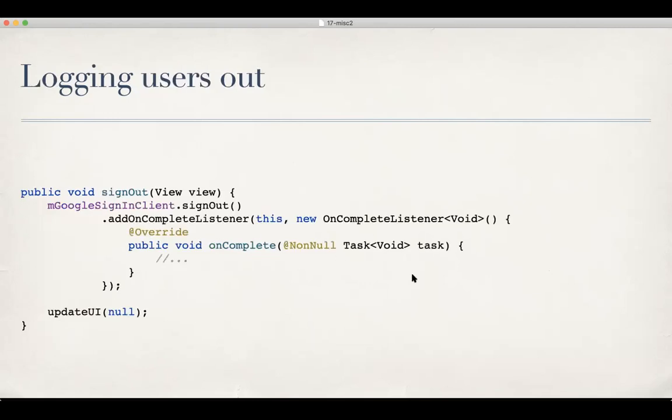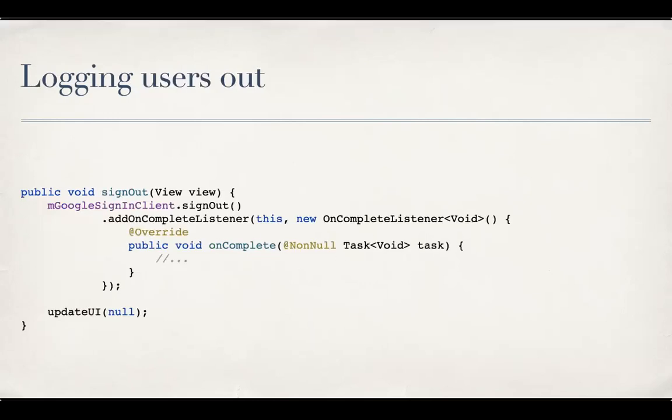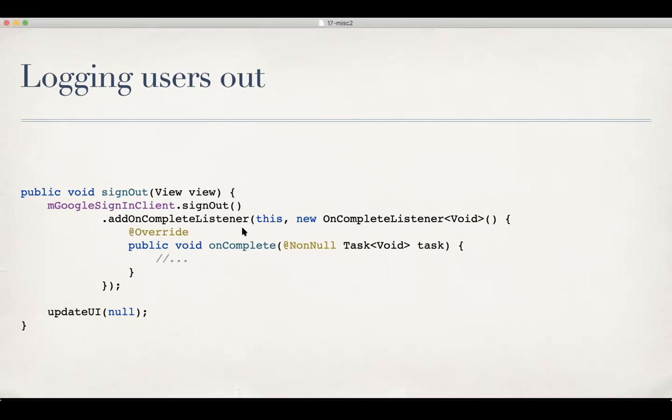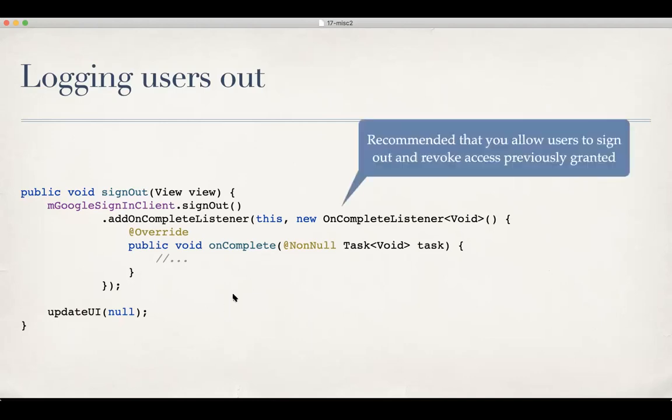All right. You should also allow for logging users out. So in the next variant of the UI, I've added a logout button, and in that, what you can do is basically on the sign out again add an on complete listener, and in that on complete listener you can revoke access.